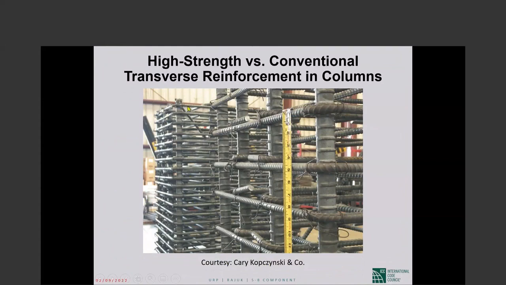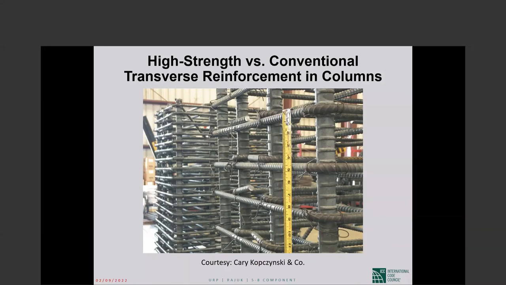The left-hand cage is with 60 ksi reinforcement, and you see the spacings. The right-hand cage is, I don't remember now, it was 75 or 80. It was not super high strength, 100 ksi. Look at the difference in the two cages.